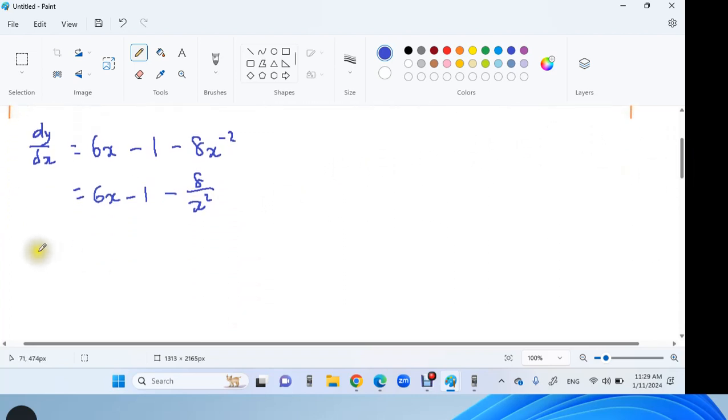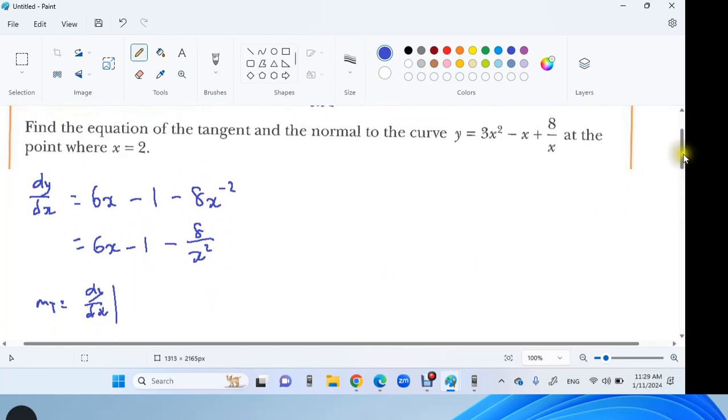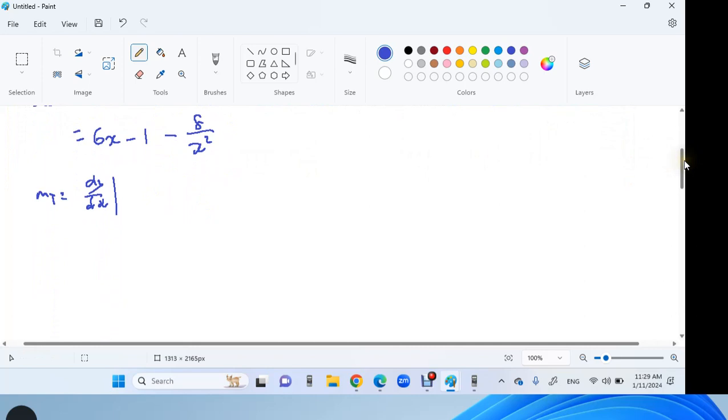So the gradient of the tangent is equal to dy/dx when x equal to 2. So x equal to 2, then it is 6 times 2 minus 1 minus 8 over 2 squared. So 12 minus 1 is 11, then 8 over 4 is 2.